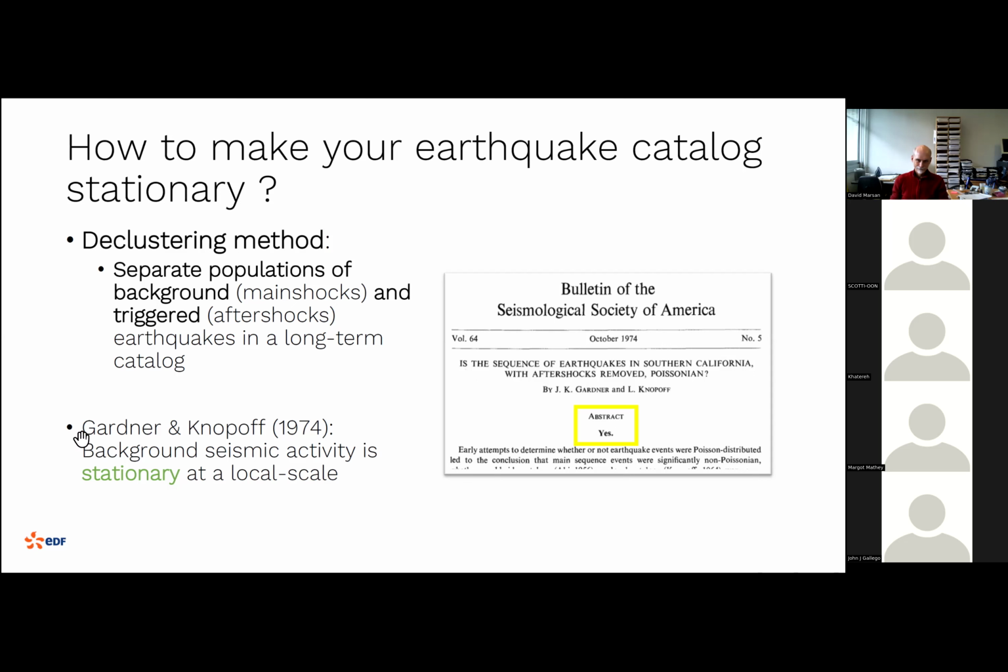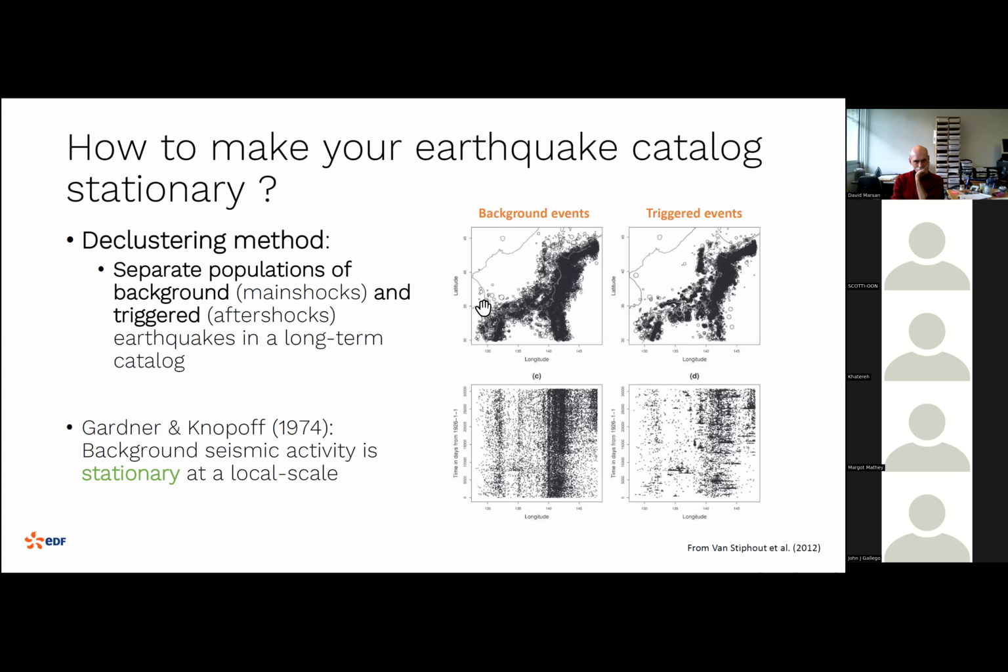If we follow the paper by Gardner and Knopoff, they proposed the declustering technique that permits removing aftershocks from the catalog, and they also explain that in doing so, the background activity that remains is stationary. As an illustration, I have here a plot of the Japanese earthquake catalog, which has been separated for the background part on the left-hand side and for the triggered part on the right-hand side.